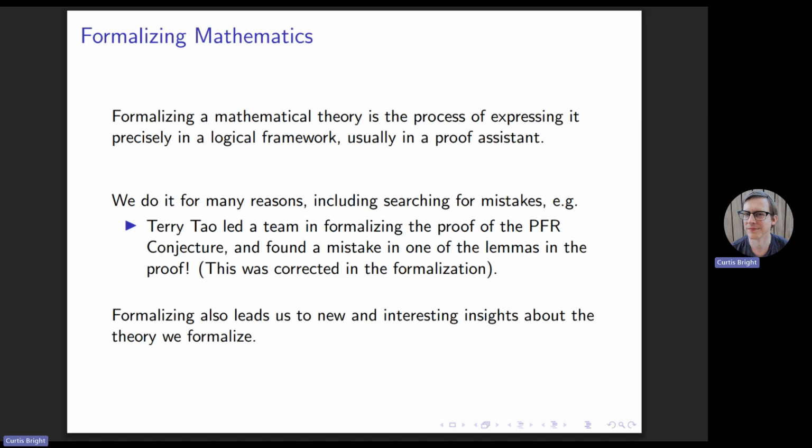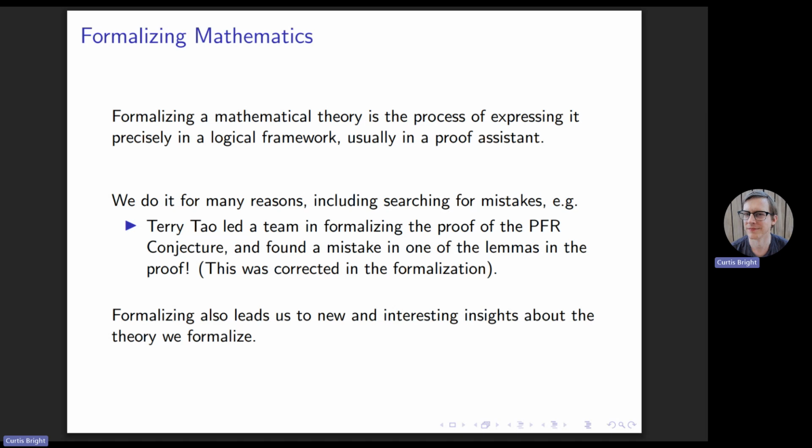And an interesting reason why we want to formalize is that we can find mistakes in our proofs. There is a pretty famous instance of this where we had two contradictory accepted papers to the Annals of Math, and then one of them got retracted after several years.